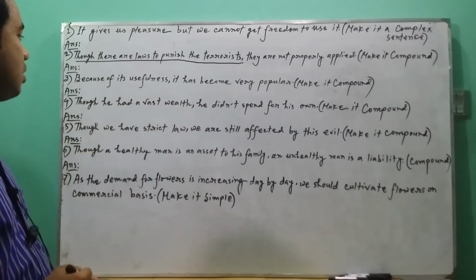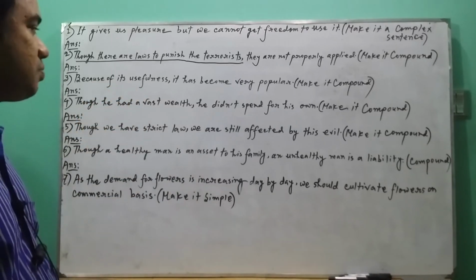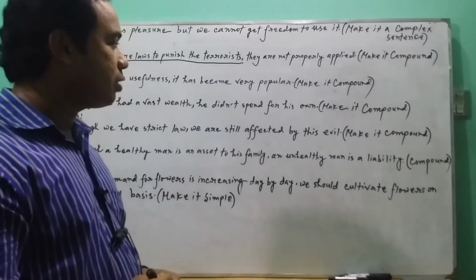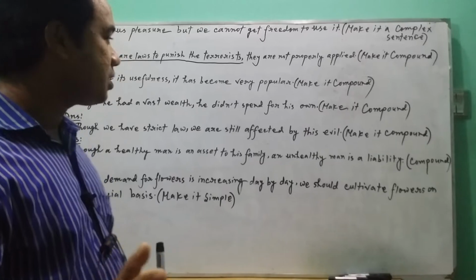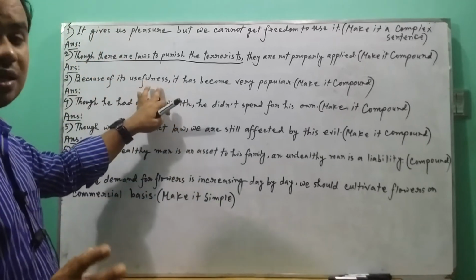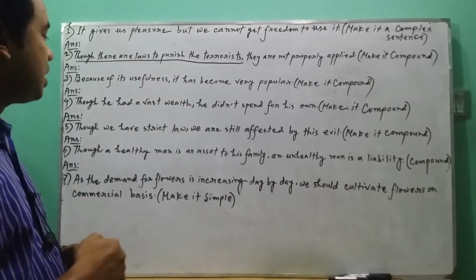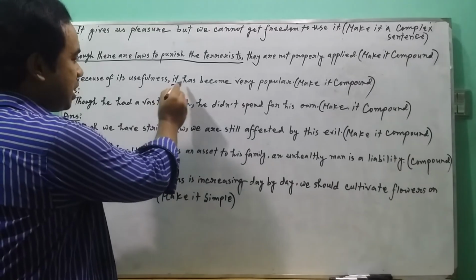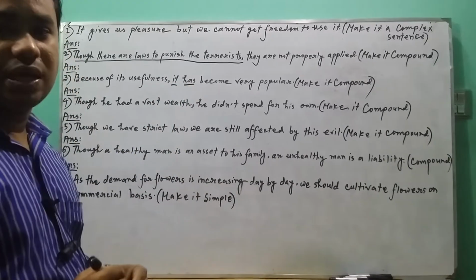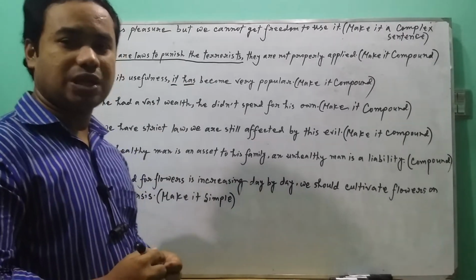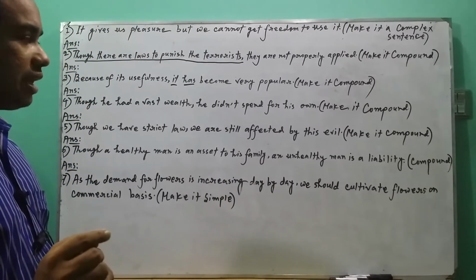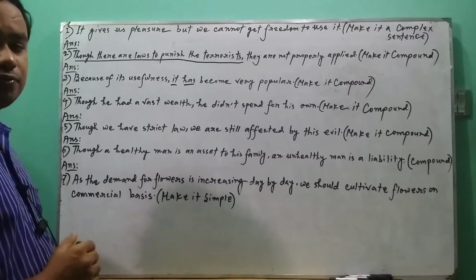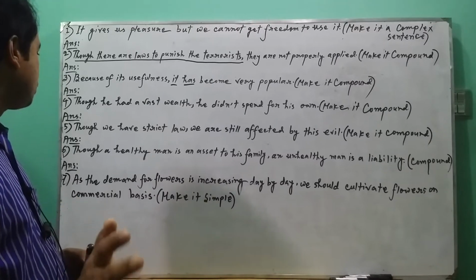And let's move on to the third example. Because of its usefulness, it has become very popular. Make it compound, and I think you can understand the type of this sentence. This is a simple sentence because it has a subject and a finite verb. A subject and a finite verb combination is a simple sentence. And let's move on to the fourth example sentence.